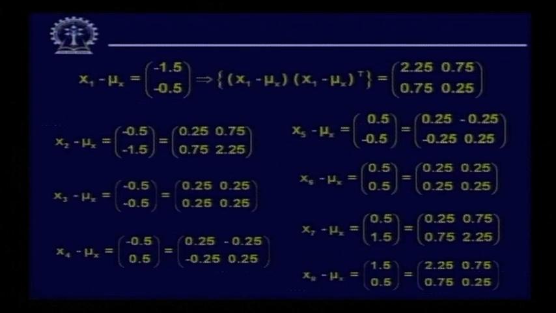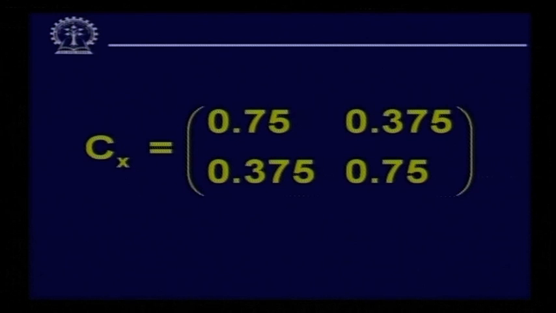And finally, the average of all of them gives us the covariance matrix Cx, and if you compute like this, you can easily obtain that the covariance matrix Cx will come out to be 0.75, 0.375, 0.375 and 0.75. So, this is the covariance matrix of the population of vectors x.